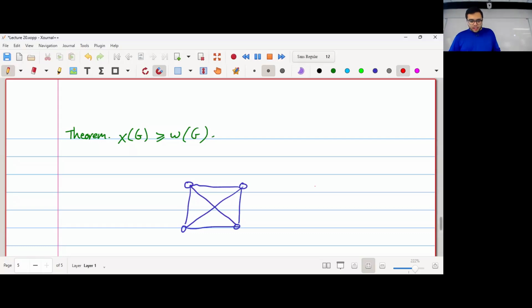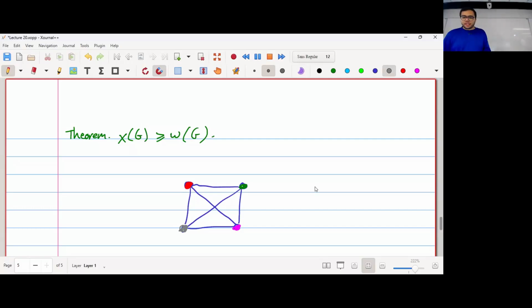Now, if I assign some color here, I cannot assign it to any of the other vertices because all of them are connected to this vertex. So I have to assign a different color here. And then I have to assign a third color to this vertex. And I will have to assign a fourth color to this one, right? So basically the idea is that whenever I have a clique, all of the vertices in this clique are connected to each other. So all the vertices in this clique should get different colors.